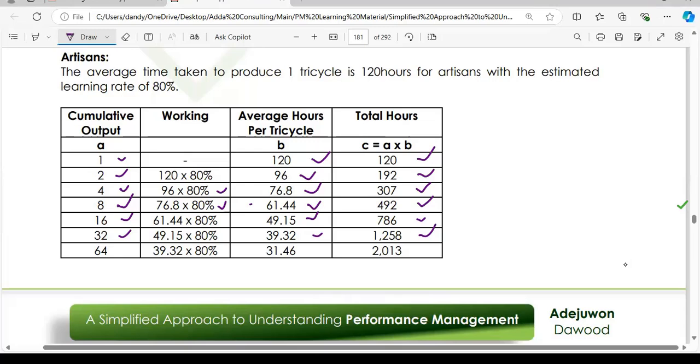Then finally, I can double 32 to 64. If I double 32 to 64, then I will apply the learning rate on the 39.32, which is 31.46. 31.46 multiplied by 64 will give us 2013. So that means the total hours required to produce the 64 tricycles is 2013.